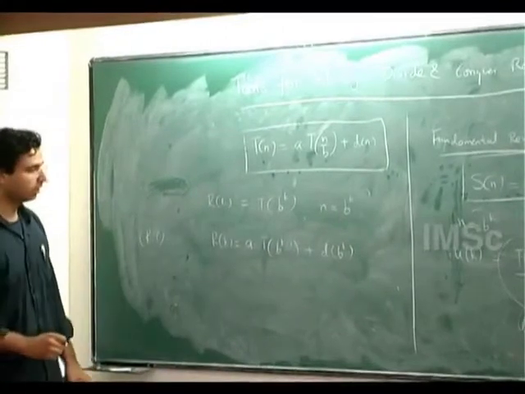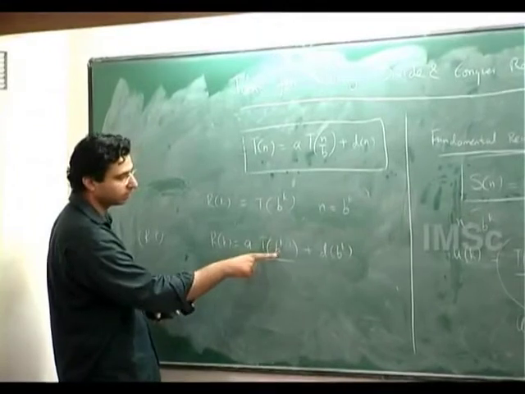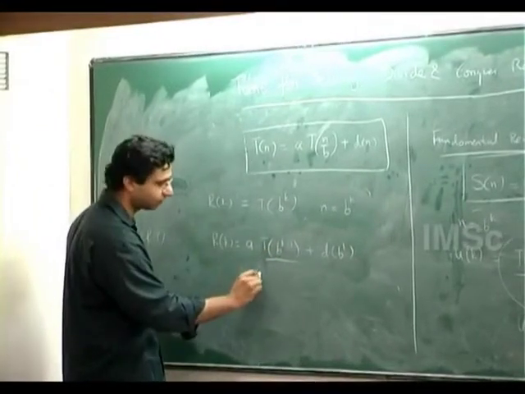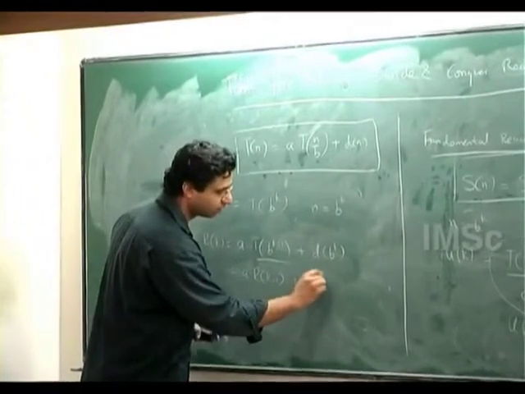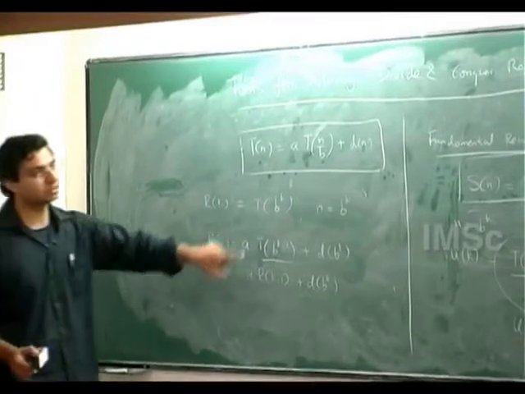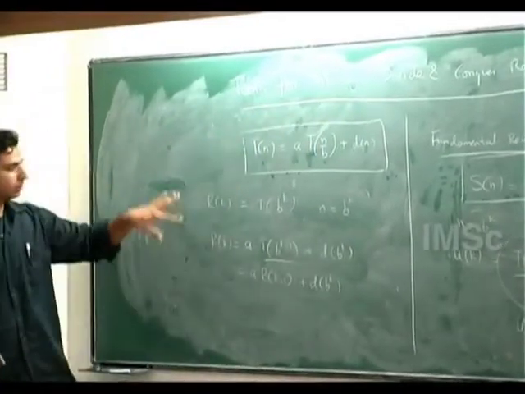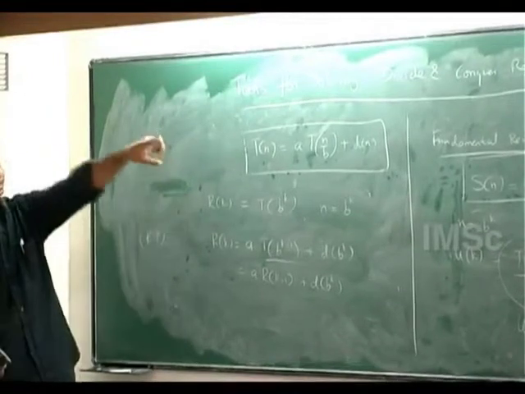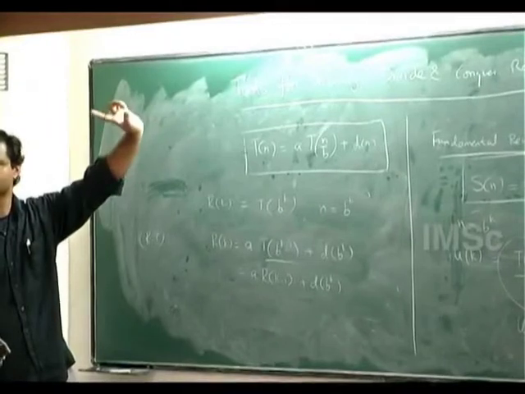Now this is, by definition, T of b raised to k, which is r of k, so r of k is a times r of k minus 1 plus d. So we have got this recurrence which is now of type 1 form. Applying the domain transformation first gives me a recurrence of type 1 form, and now I can reduce a type 1 form to the fundamental form.